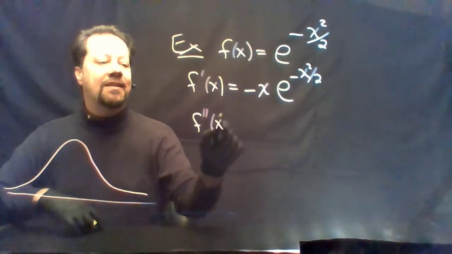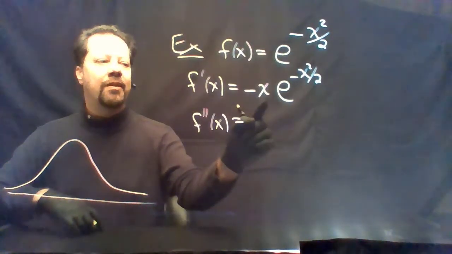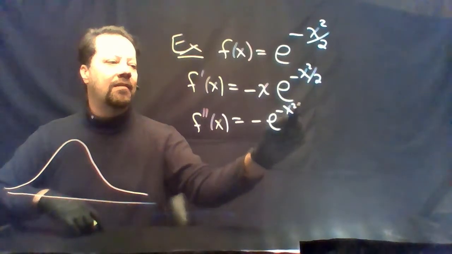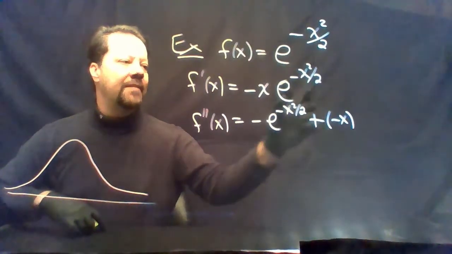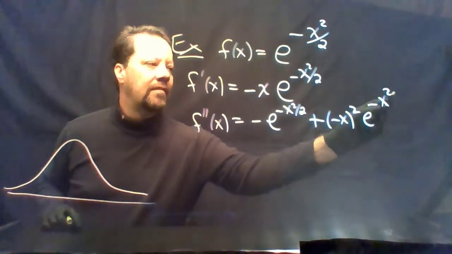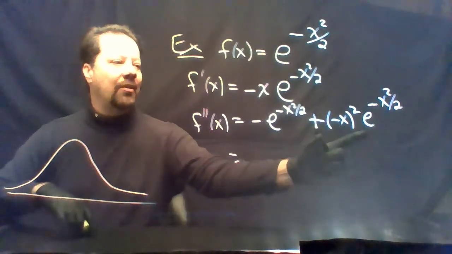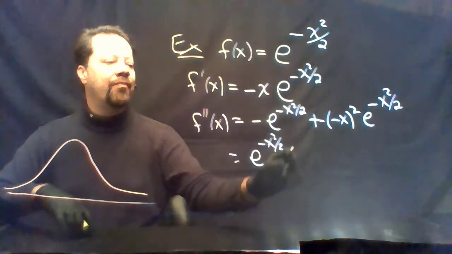To calculate the second order derivative requires the product rule. Derivative of the first times the second plus the first times the derivative of the second. We can factor out an e to the minus x squared over 2.